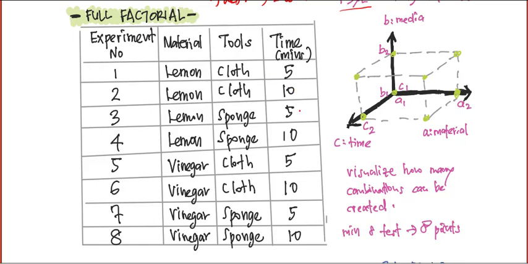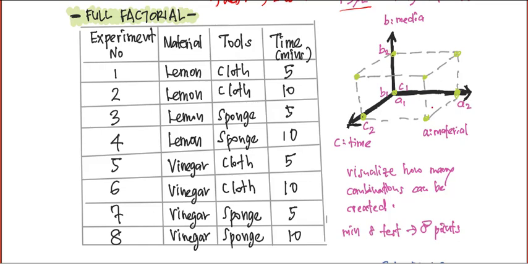Okay, then the combination, if you recall from the factorial, we need to have this combination. And it means we need to run 8 different tests to understand the result of the cleaning. And you can see here, at least we need 8 different tests or experiments.